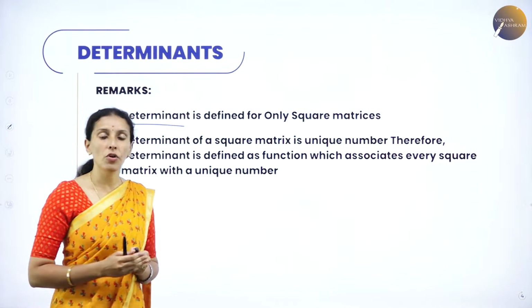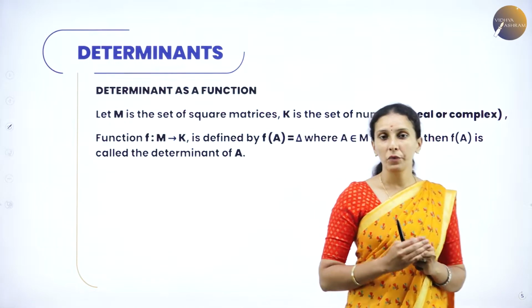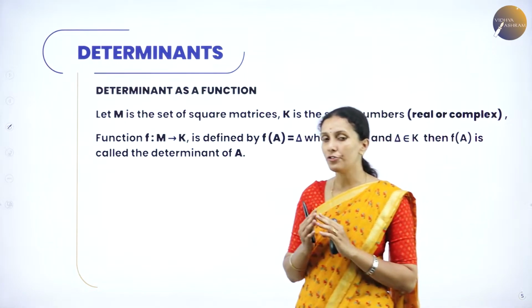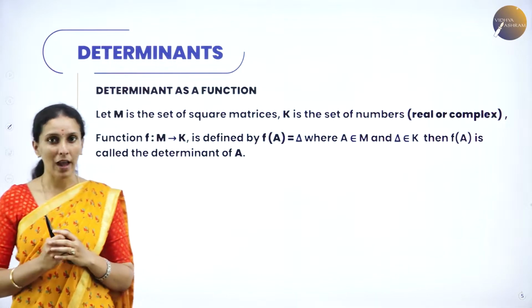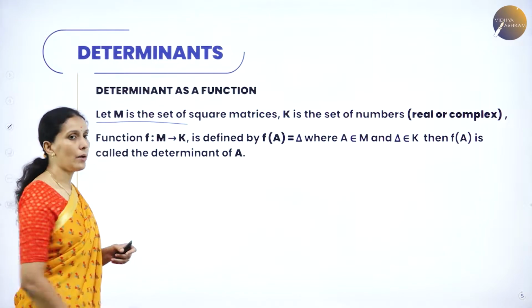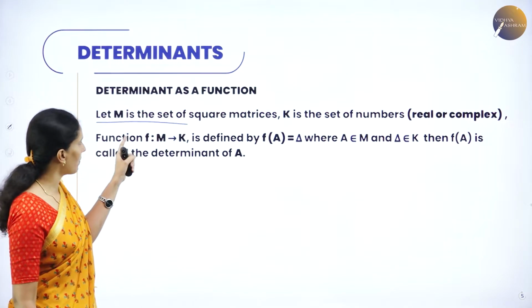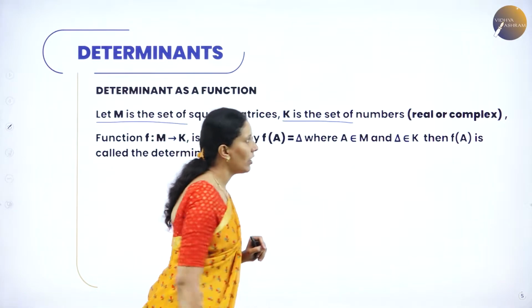Hence, we can also call the determinant a function where the domain is the set of all square matrices and the range is the real values. Hence, the determinant is defined from the set of all square matrices, denoted by M, to K, which is the set of all real numbers.